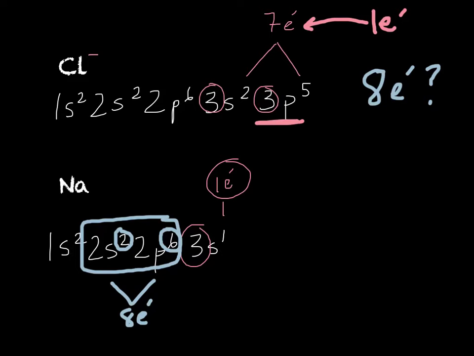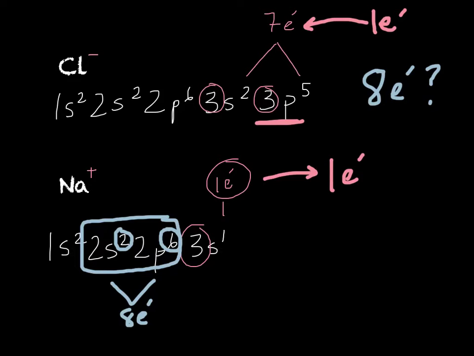And then sodium would be happy. So it wants to get rid of that 1 electron. So if it gives away that 1 electron, it's going to have a stable outer level, so it'll have that second energy level full of 8 electrons. And because it got rid of its extra electron, so it lost a negative charge, that means it's going to be positively charged because it has 1 less electron.